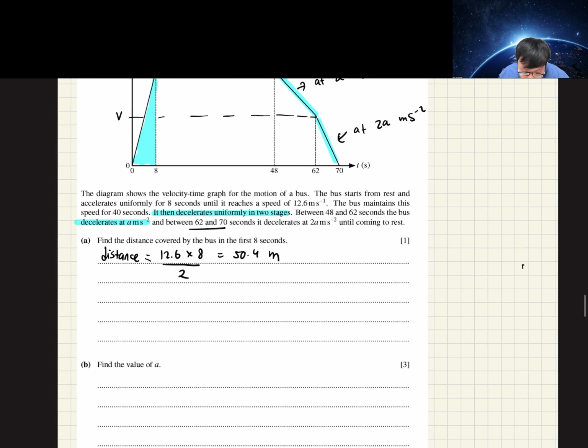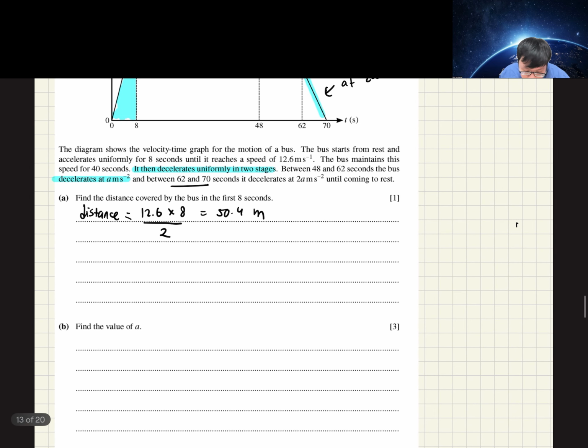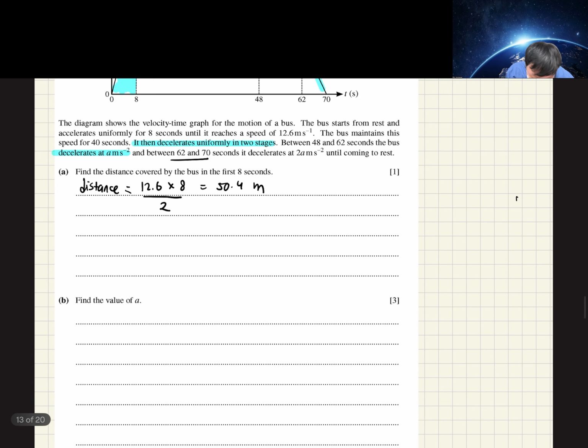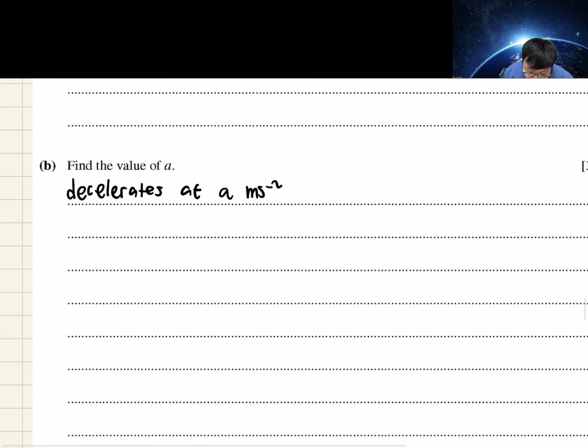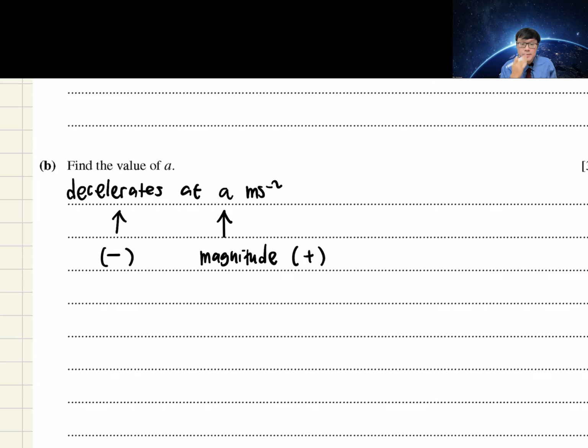Now I want to explain something. When the question says decelerates at A meters per second squared, it means we are talking about the magnitude of deceleration, which is always positive. The negative part, when we say deceleration, comes from this word.